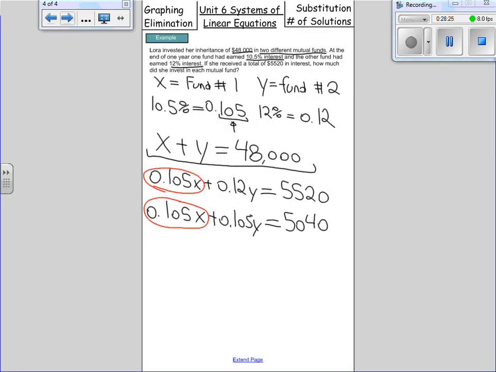0.105x minus 0.105x is 0. 0.12y minus 0.105y is equal to what? 0.015y equal to 480.